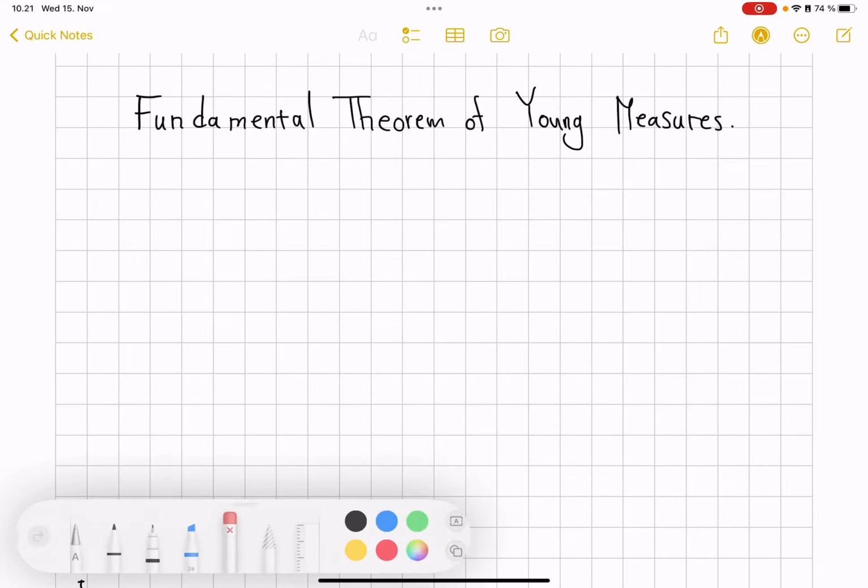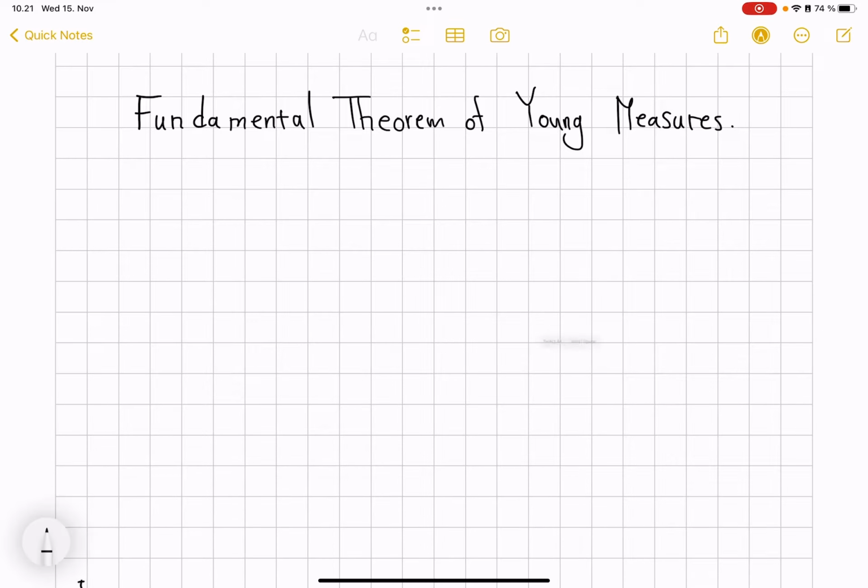The fundamental theorem of Young measures shows that in some sense, every bounded sequence of measurable functions has a limit. And this is very general, so this limit, unfortunately, will not be a function, but, quotation mark, a measure.